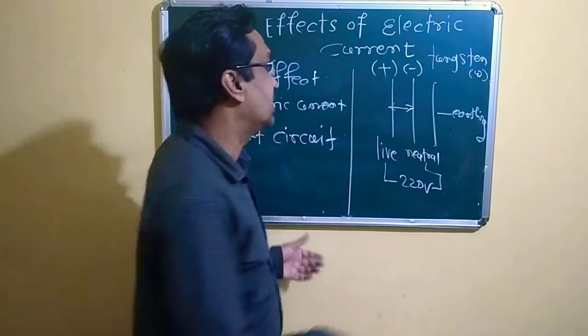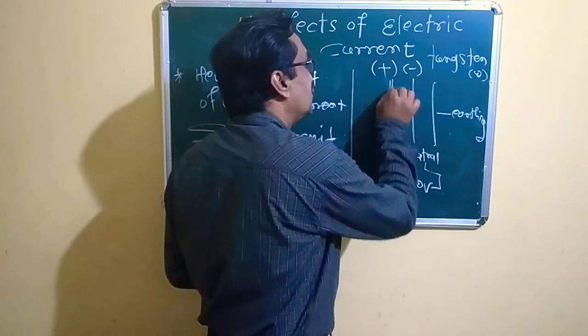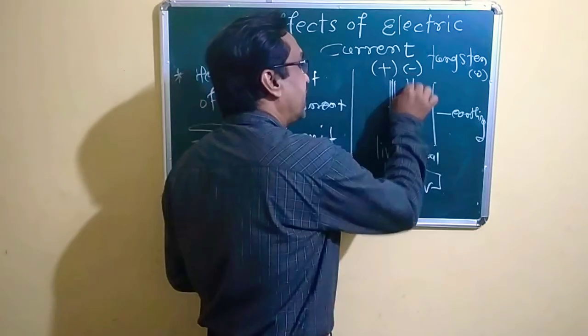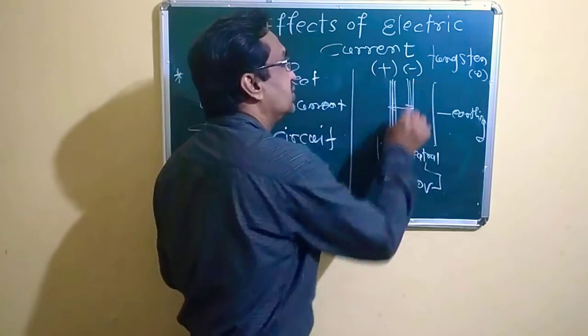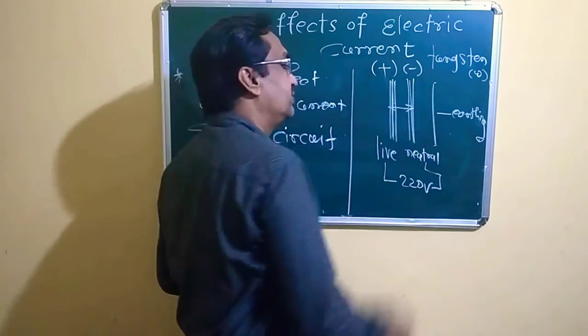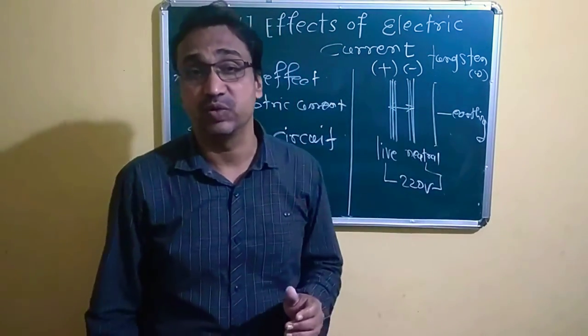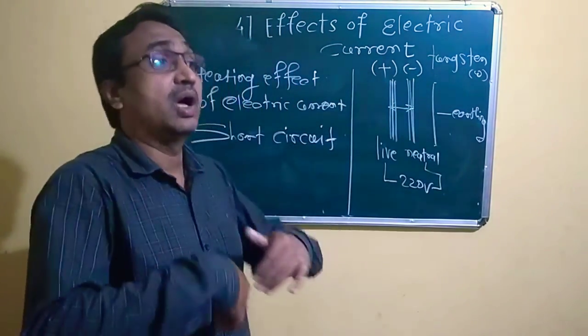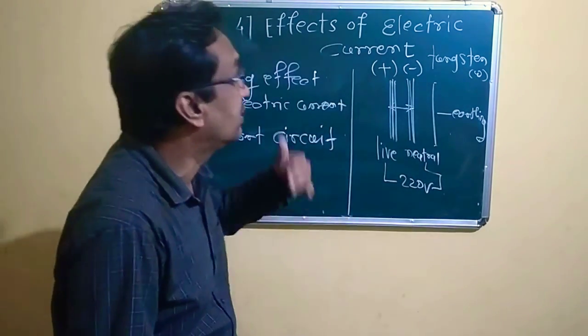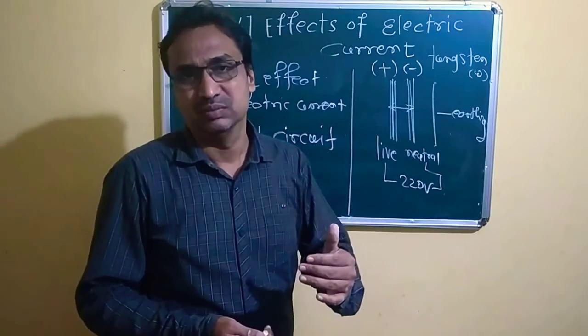You know that electrical wire is made of copper, and they are insulated. When these insulations give way and the wires are directly in contact with each other, a large amount of electric current flows in the circuit, and due to that much electric current flowing in the circuit, it is converted into heat.